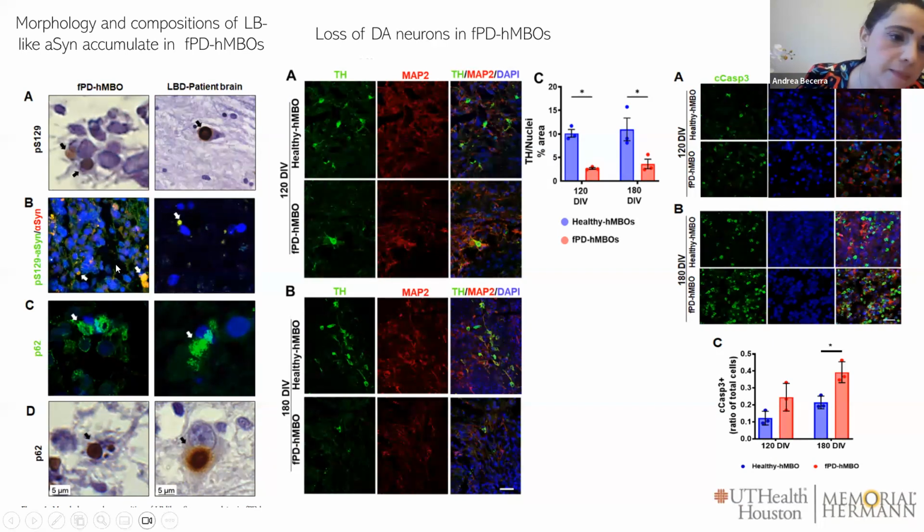We detected the same using immunofluorescence and other markers related with Lewy bodies, such as autophagy markers. Also, we found that in the organoids that have the triple mutation for SNCA, there is a loss of dopaminergic neurons, and also an increase of caspase-3, which is related with apoptosis.